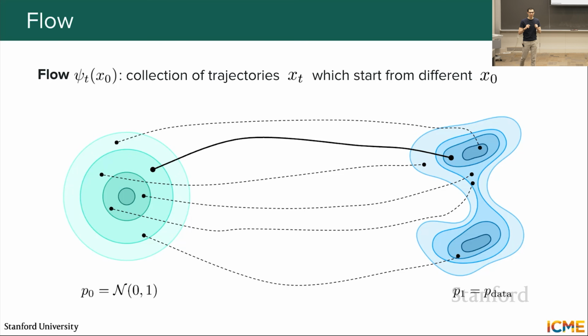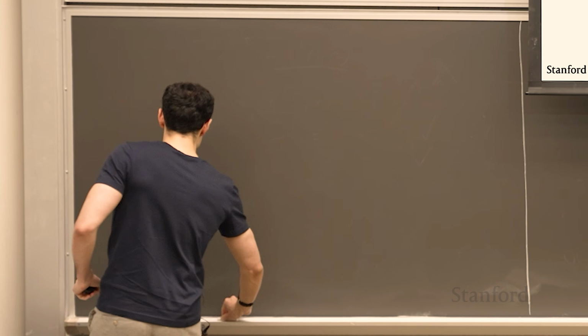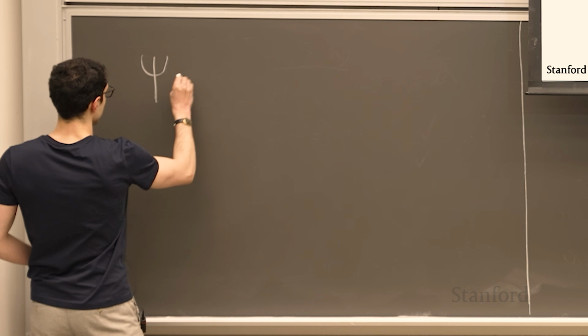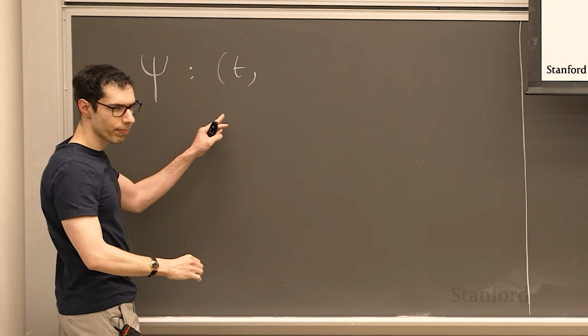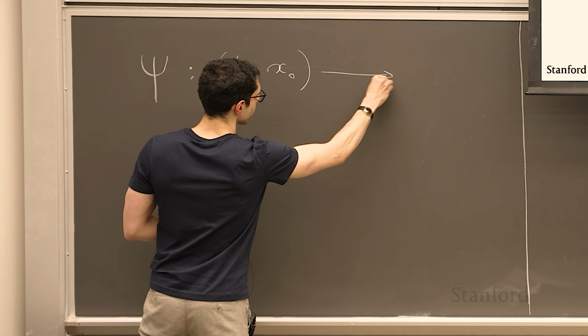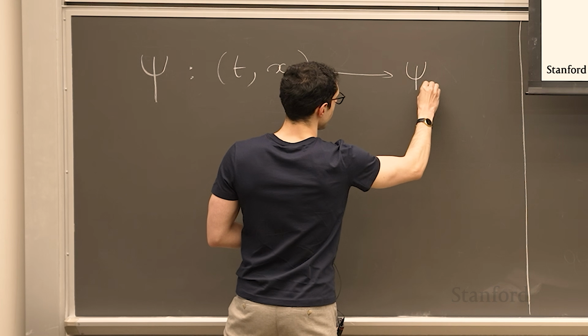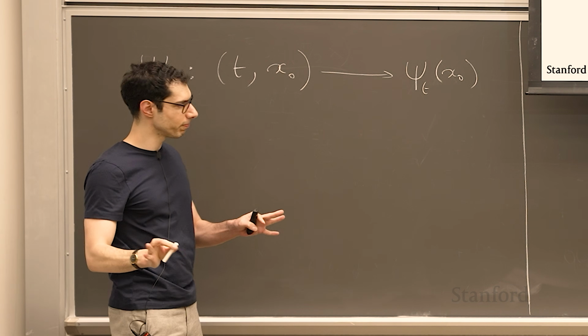So now let's see another notation. So this one is called the flow. The flow is noted psi of t of x0. So I'm just going to write that down here. So it is a function that takes time and an initial condition, and it gives you where that point is at time t.